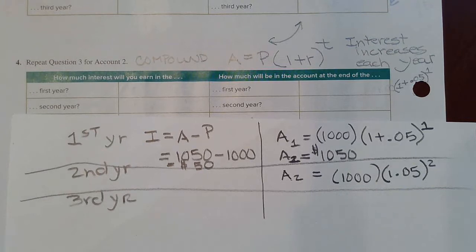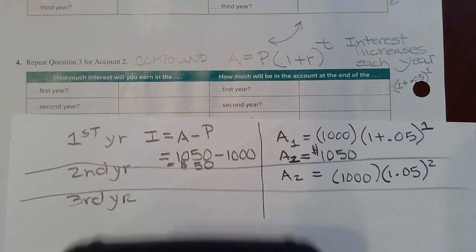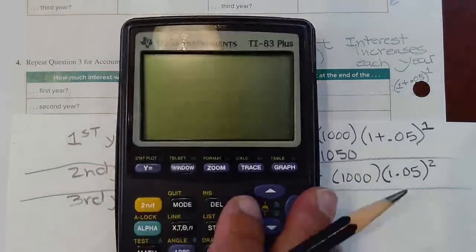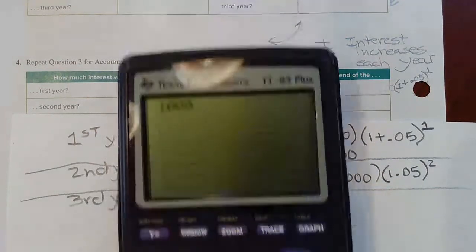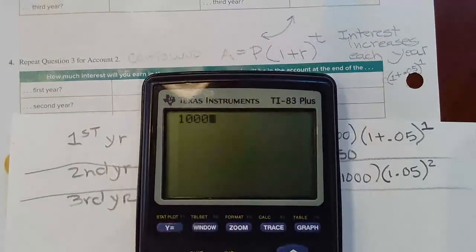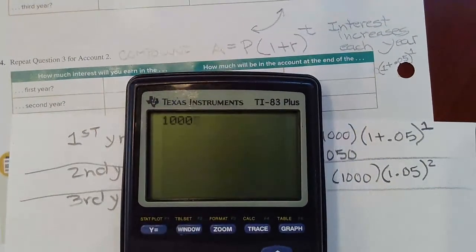Now my calculator does order of operations. I believe a TI-30 does also. So you can actually press this in just like this, but you have to know what key creates a power. So if I was going to put this in, let me clear this out, 1,000, and then you can use a parenthesis.